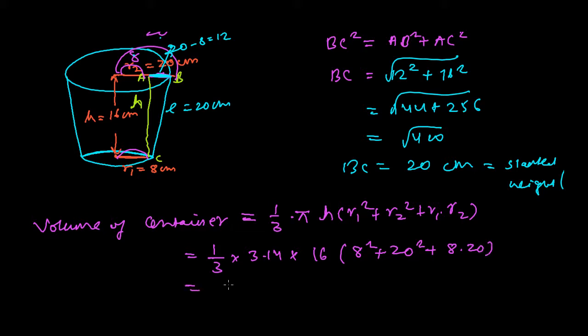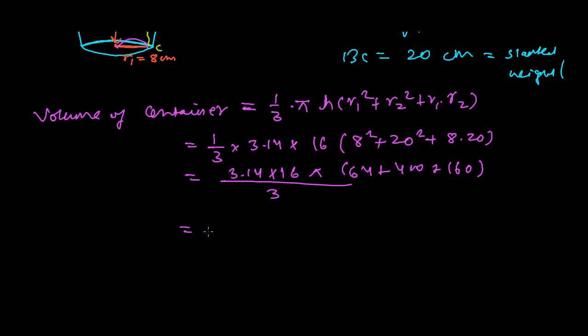So it's 3.14 into 16 into 64 plus 400 plus 160, whole divided by 3. So it's going to be 3.14 into 16 into this 3, and 400 plus 160 is 560, and 64, so 560 plus 64 is 624.